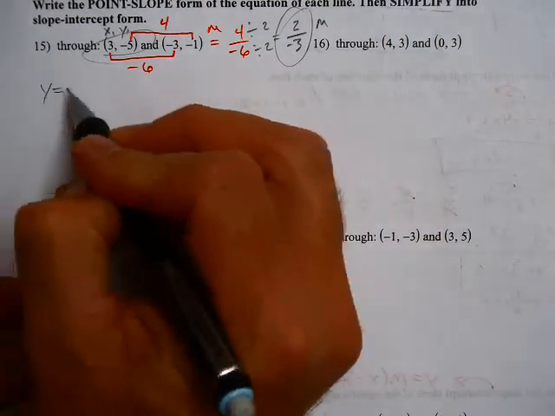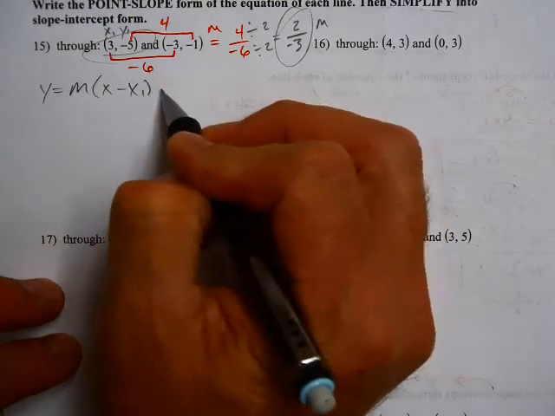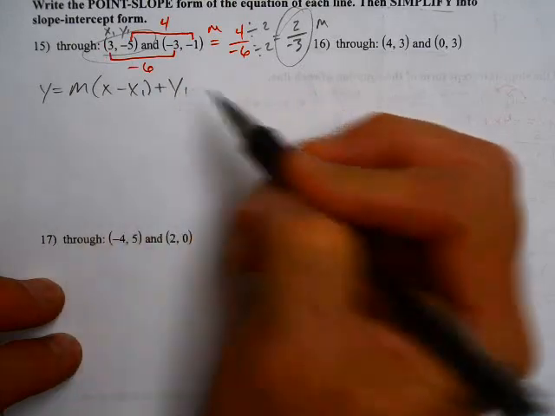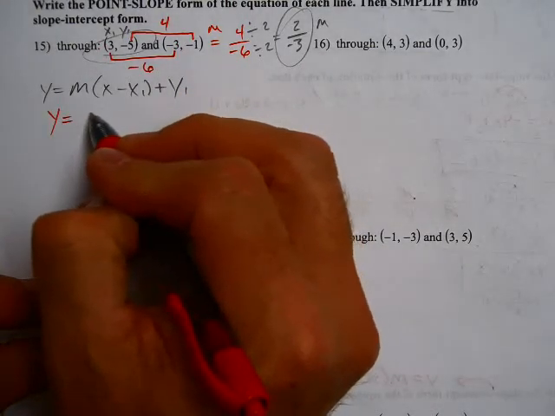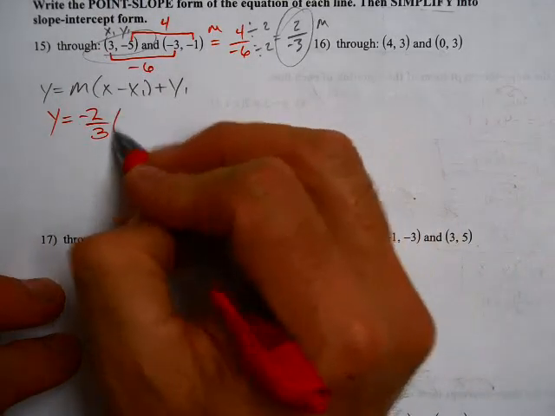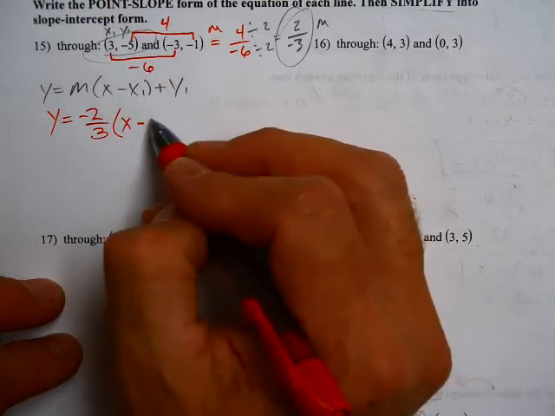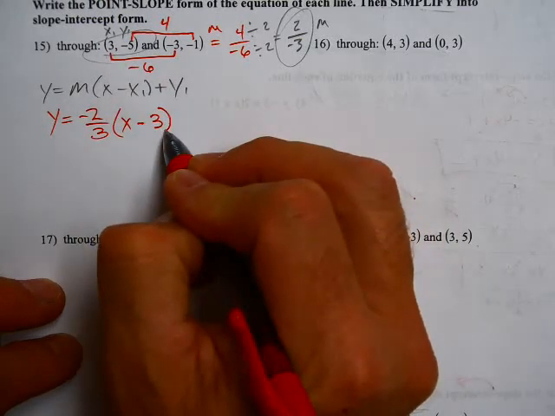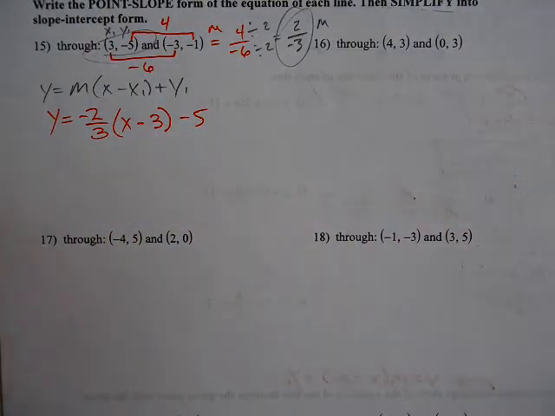So we're going to use y equals m times x minus x1 plus y1. So that's going to be y equals -2/3 times x minus 3 minus 5. Okay?